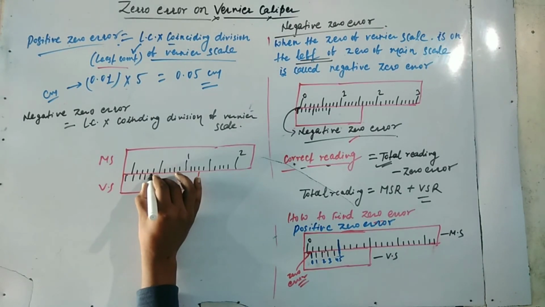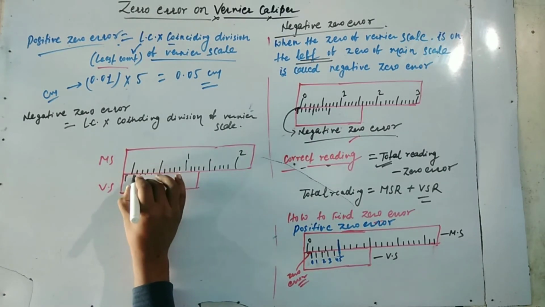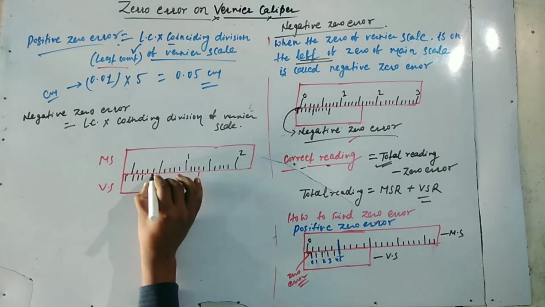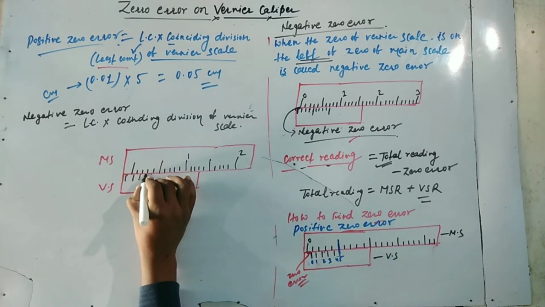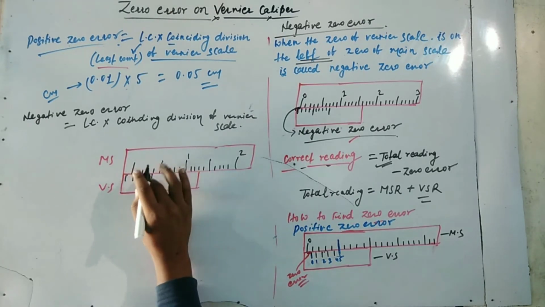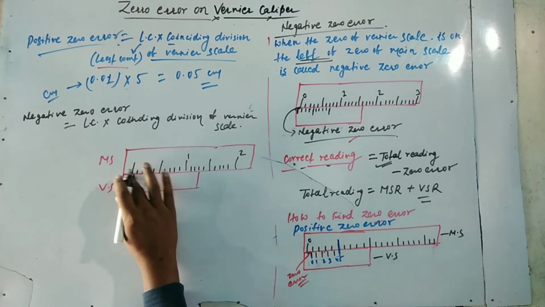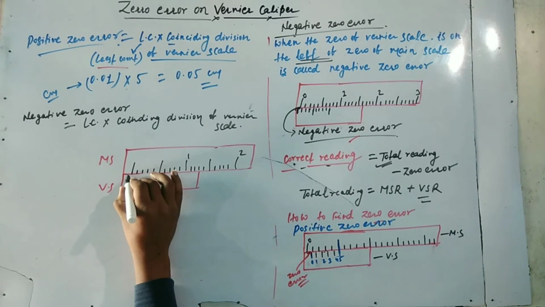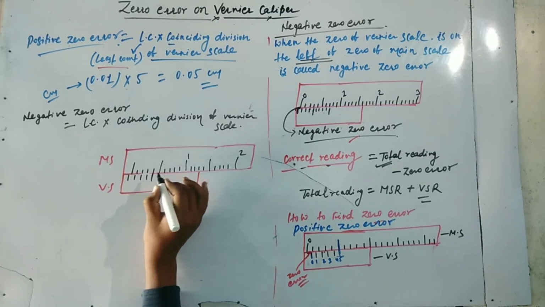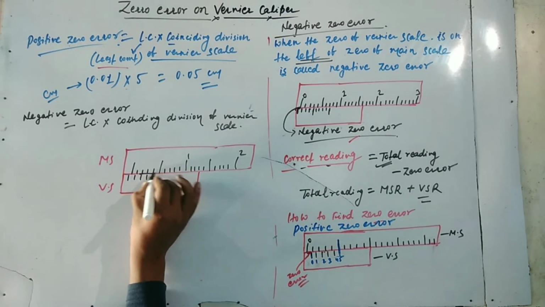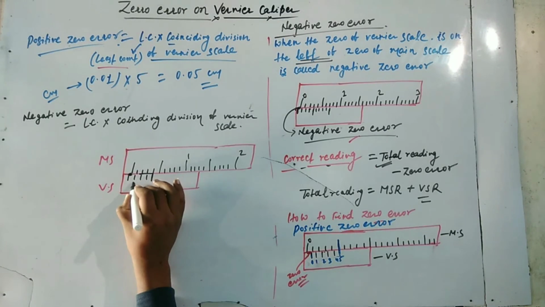After that, when the coinciding division of vernier scale matches the main scale, then it will be counted and multiplied by least count. Anywhere can coincide the main scale division and vernier scale division. It is not perfect. So this one is negative zero error.